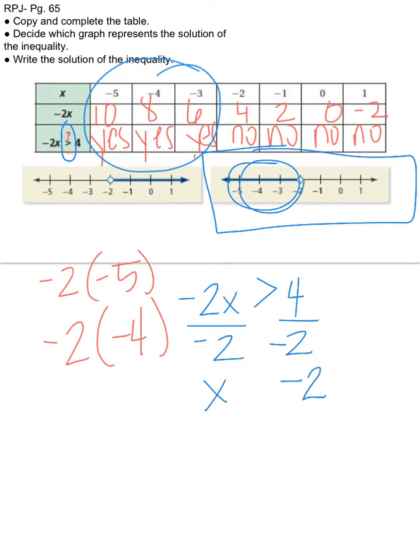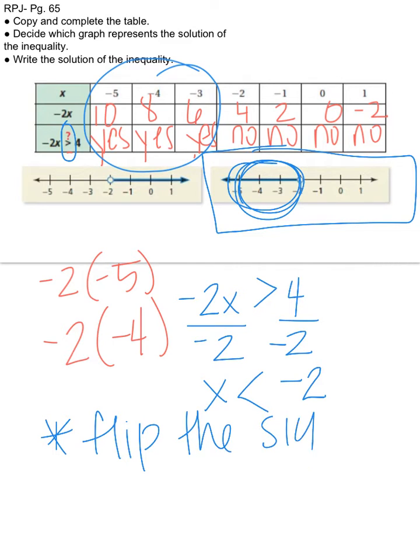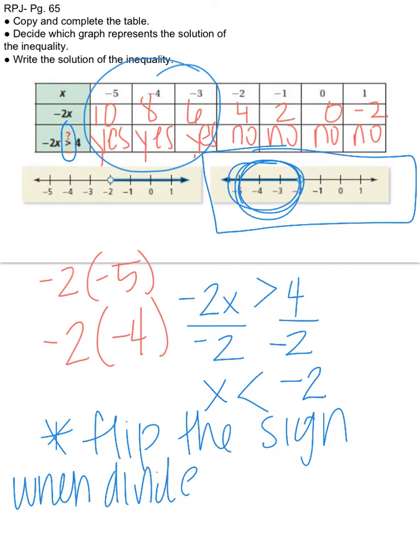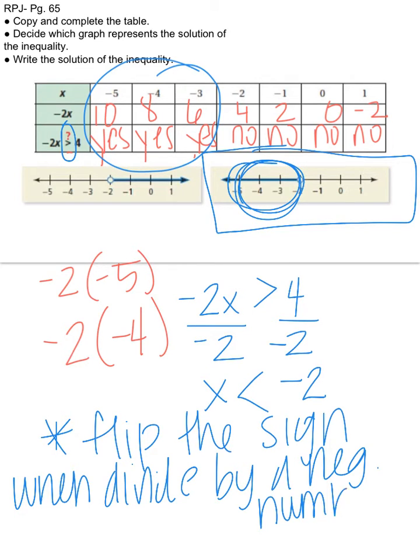Because I want these values here, you need to flip your sign. So let's write this, and I would put it both in your notes and on your RPJ. Flip the inequality sign when you divide by a negative number. That is going to be super important.